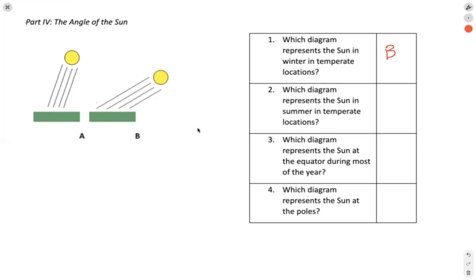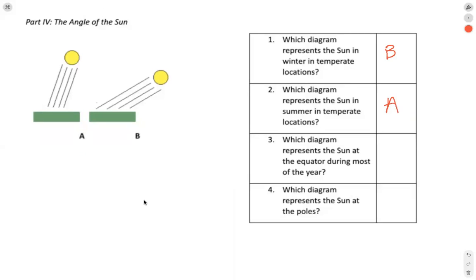We're not getting as much direct heat and sunlight. What would the sun look like in a temperate location in the summer? A. Summertime, temperate location, we're getting more direct sunlight, it's warmer.